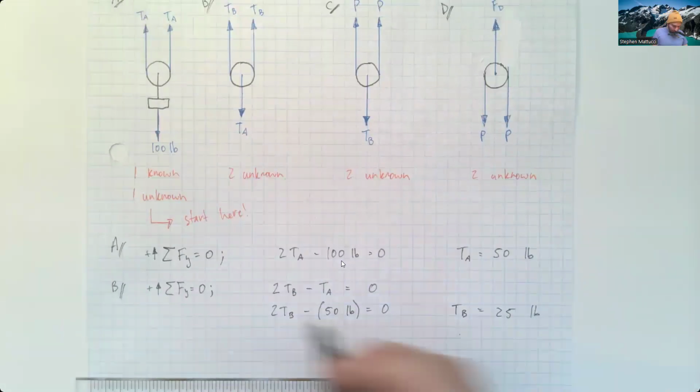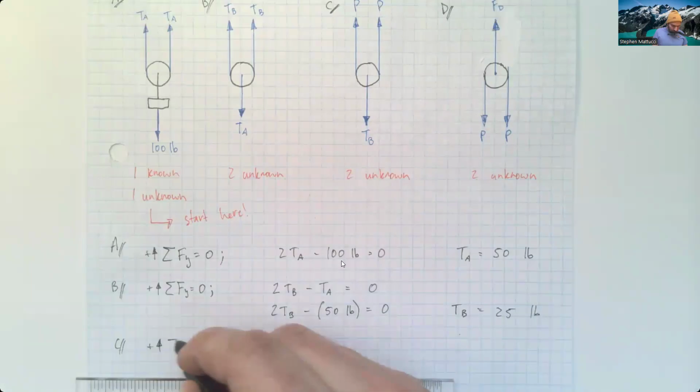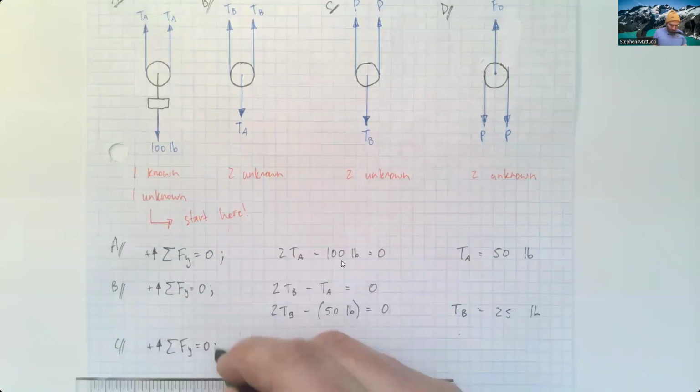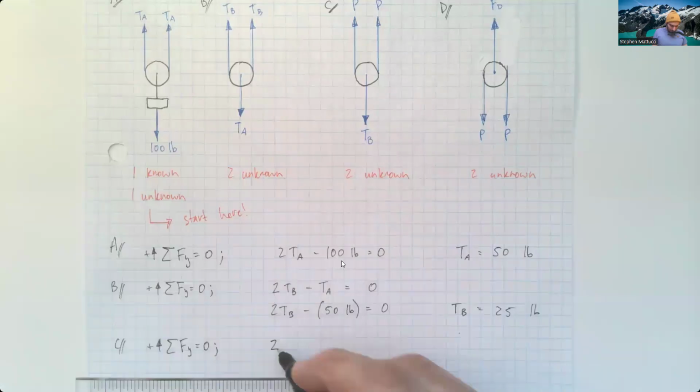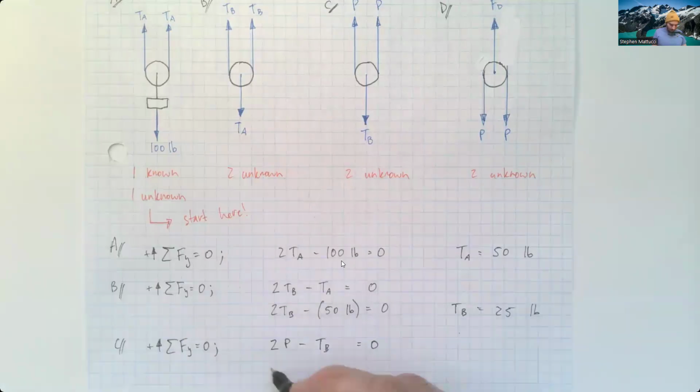And then for pulley C, same thing. Equations of equilibrium, sum of forces in the y equals 0. We have 2P minus TB equals 0.